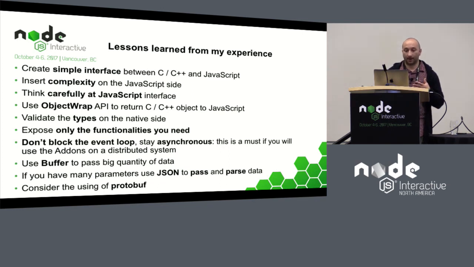And if you have many parameters, JSON could be the right solution. And if you want more performance, consider using protobuf. That is about 5-6 times more performant than JSON.